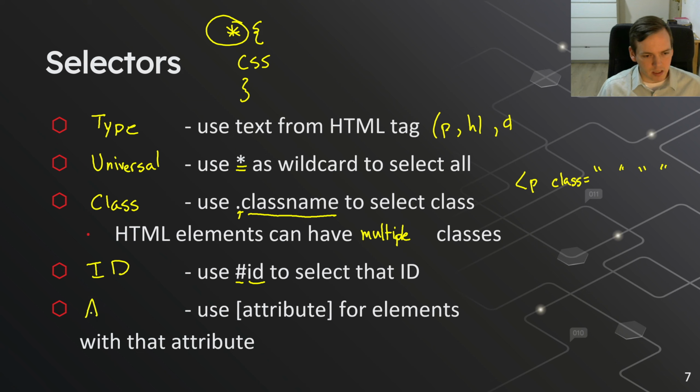And then lastly, you can select based on attribute. If there's a certain attribute that you want to change it for, you can put that in brackets. The most common one that you'll see is if you want certain types of links to certain places to show up in a certain way, you can say href.